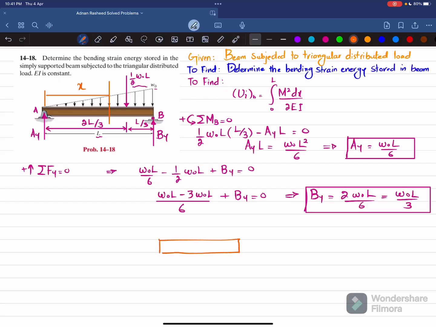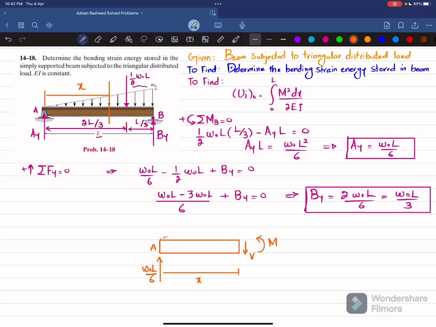This is the beam. Clear? This is point A where you have AY, and that AY was W naught L over 6. This is the length X where you cut the beam, and when you cut the beam you will have a shear force V acting this way, and you will have a moment M as well.